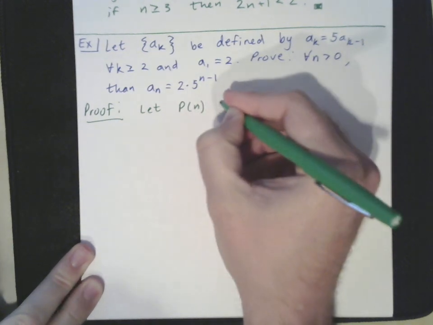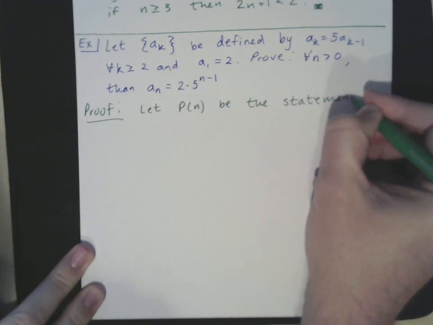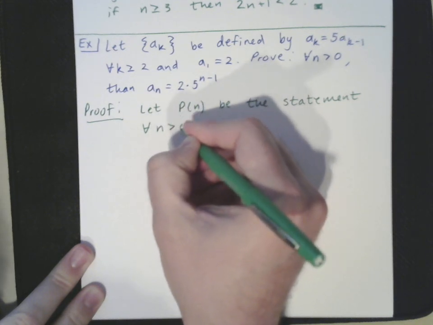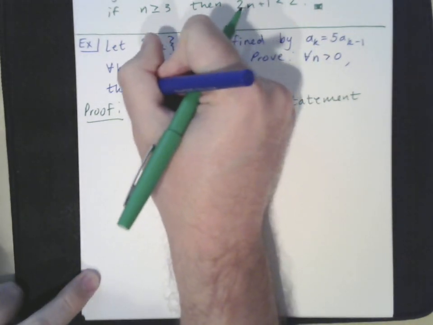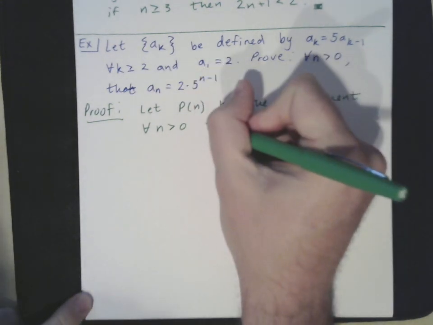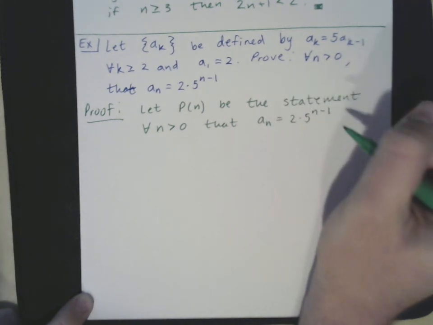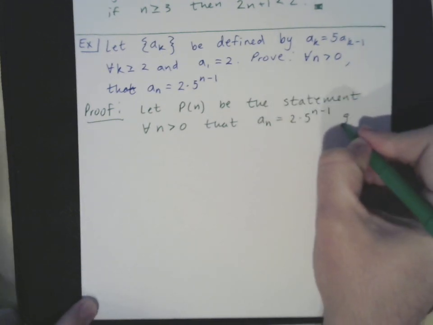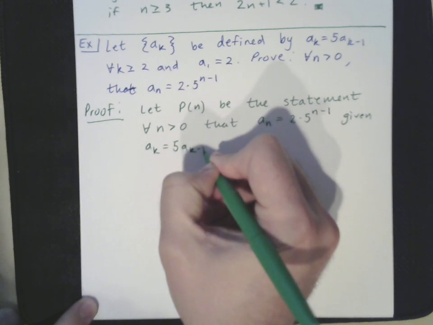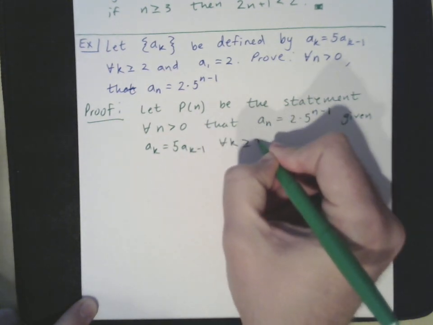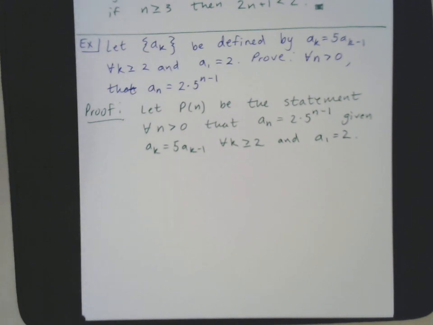So let P of n be the statement: for all n greater than 0, that a sub n equals 2 times 5 to the n minus 1, given a sub k equals 5 a sub k minus 1 for all k greater than or equal to 2 and a sub 1 equaling 2. Right, so we want to make sure we have all of our information in the body of our proof.